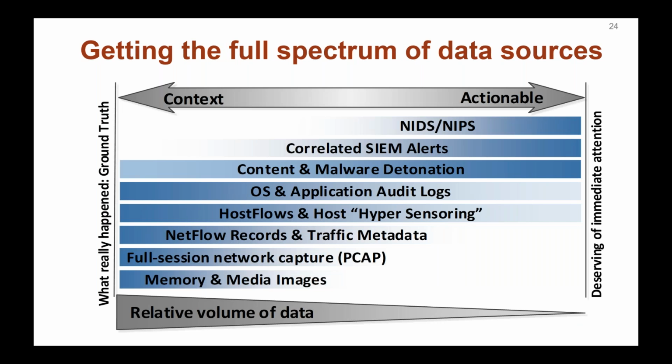This data needs to cover a spectrum from data that is immediately actionable to data that provides contextual information. So to the question that was on there, here we go. If we look at traffic metadata, that helps you establish what really happened, what is going on the network.